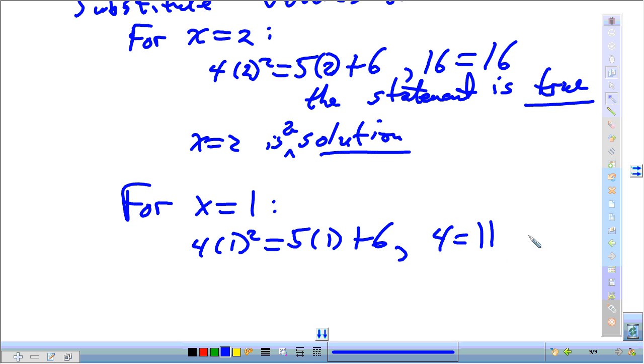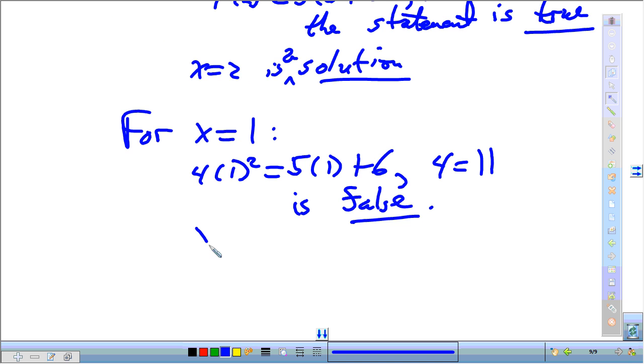It's still a statement, but we notice that that particular statement is false. You can have true statements, you can have false statements. But when it's false, we say it is not a solution.